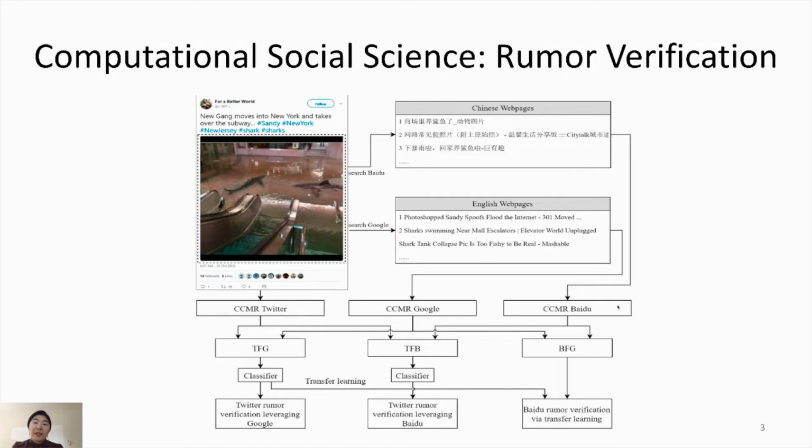Another type of application we looked at is social media related information verification. Right now Twitter or Facebook or Google News sometimes have images that co-occur with the text.